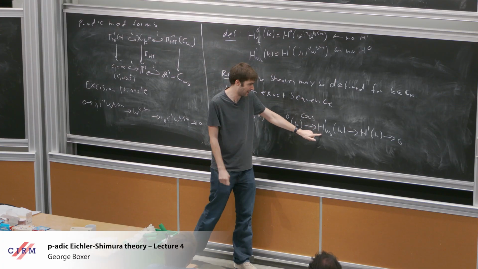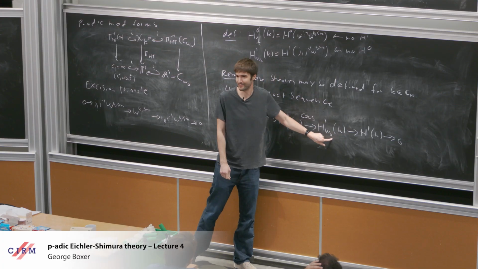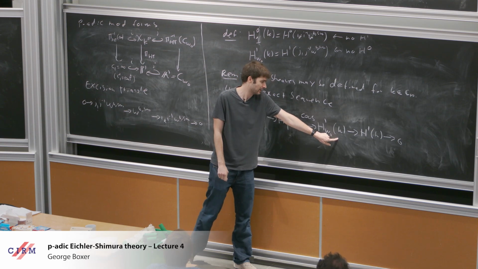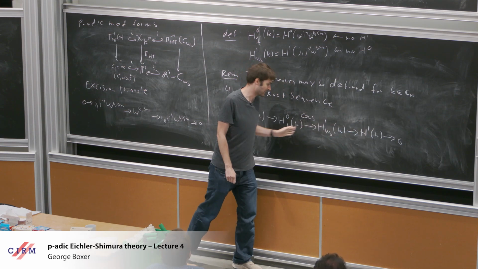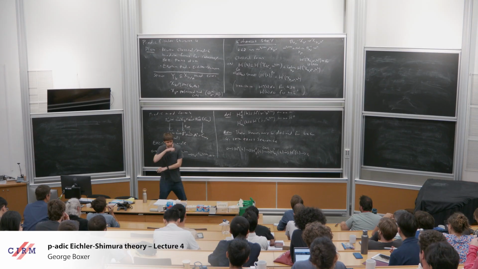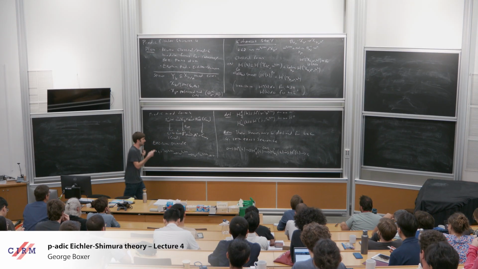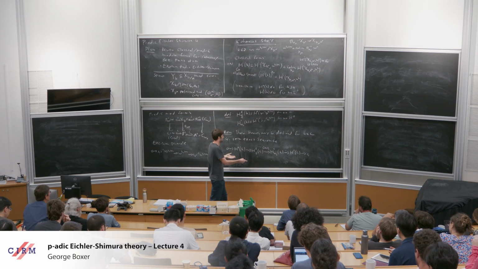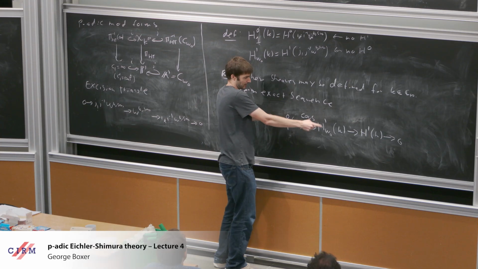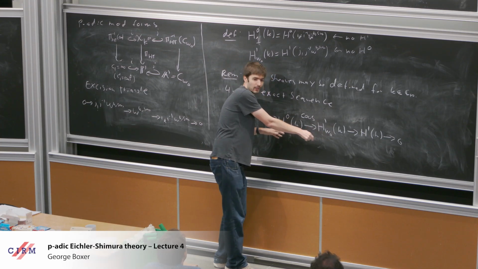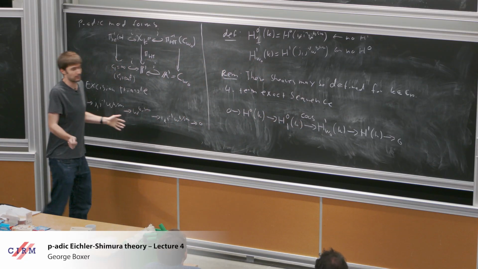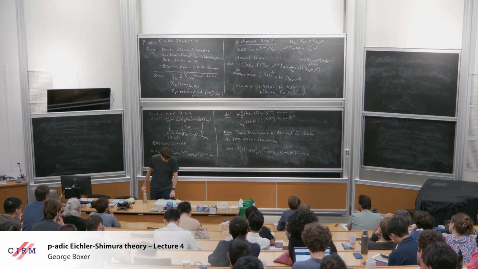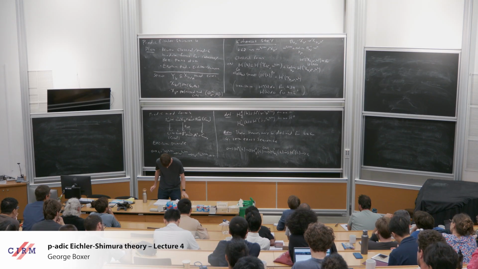And similarly, if you have this higher overconvergent modular form, it's classical if and only if it's not in the image of the Coleman map. I'm probably not going to explain it in this talk, but you can use this sequence, just by studying the slopes of U_p on these two terms, to give a very conceptual proof of Coleman classicality. But I won't really discuss that in this talk.